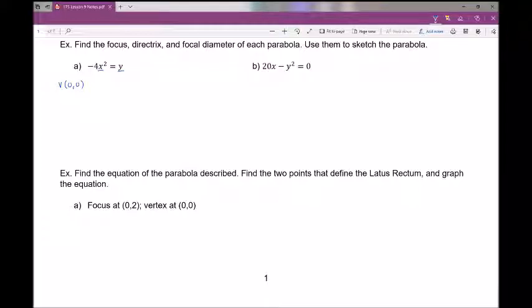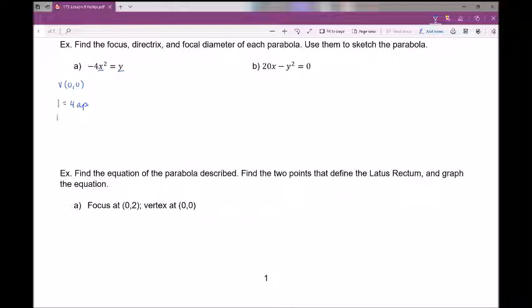We need to find that letter p. So that is really important because that will tell us where our focus is. So let's do 1 is equal to 4ap. Now, in this equation, if you notice, it is written in vertex form. So we know that a is equal to negative 4 because it's multiplied by x squared.